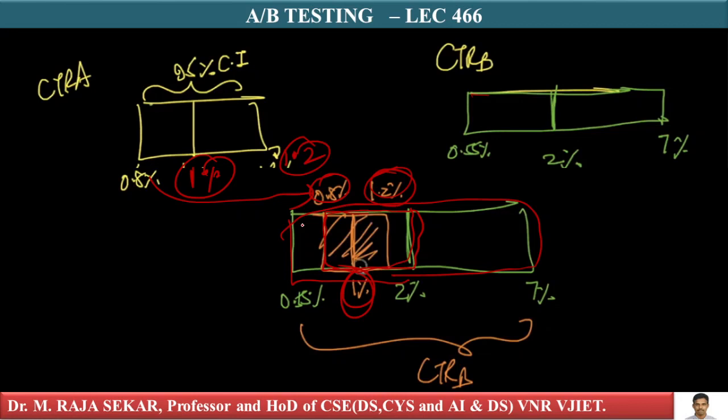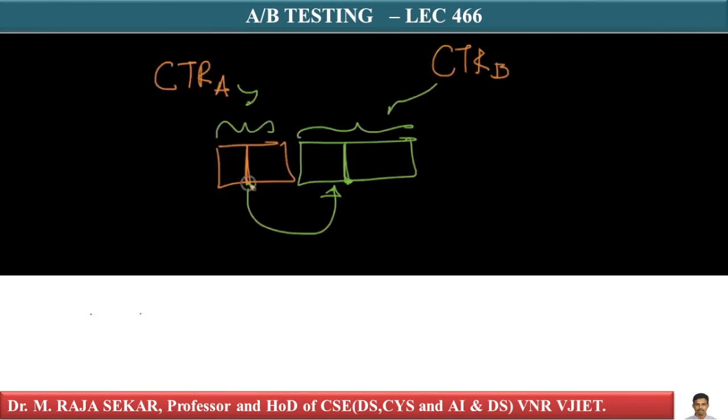If your data looks like this, these are not overlapping. Let me assume this is my CTR of A and this is my CTR of B. They are not overlapping, so you are sure that B is certainly better than A. Look at the point estimate in both cases, and also the width.